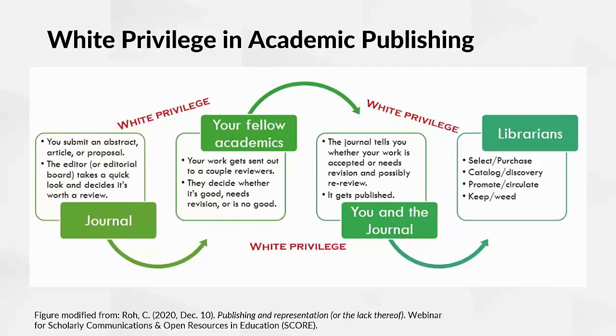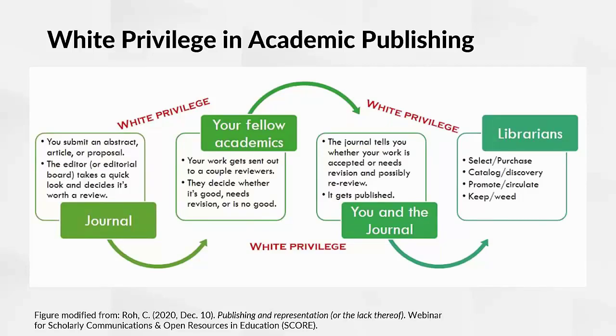It also prioritizes and biases certain viewpoints and perspectives, especially those that are white, especially those that are male as well. So you submit an abstract, the editor takes a look and decides whether it's even worth sending out for review. Privilege. Then work gets sent out to reviewers. Now suddenly your peers, fellow academics, are deciding whether it's good, whether it needs revision, or whether it's no good and is just rejected from the journal.